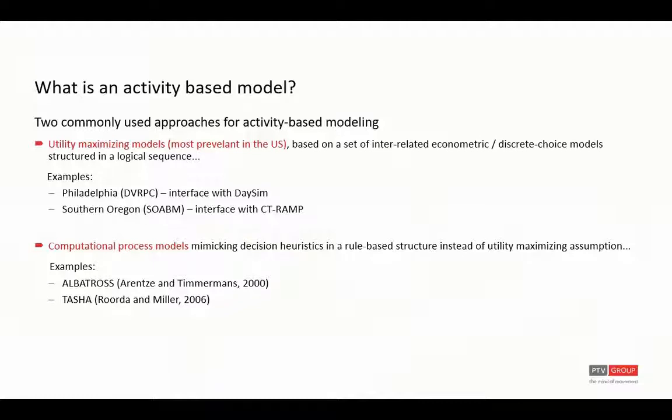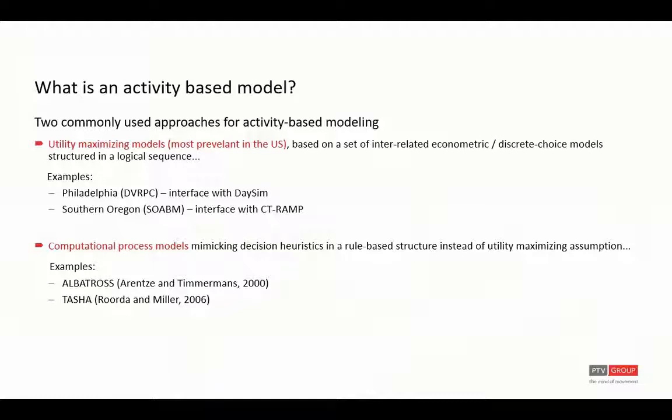Then another approach that has become somewhat popular is the computational process model. The computational process model has more of a decision chain mimicking and heuristics to actually calculate a day pattern. And the merit of this particular approach is being stated as that there are certain elasticities and so forth which are assumed in the utility maximizing approach, which are not correct or don't necessarily represent a valid relationship.